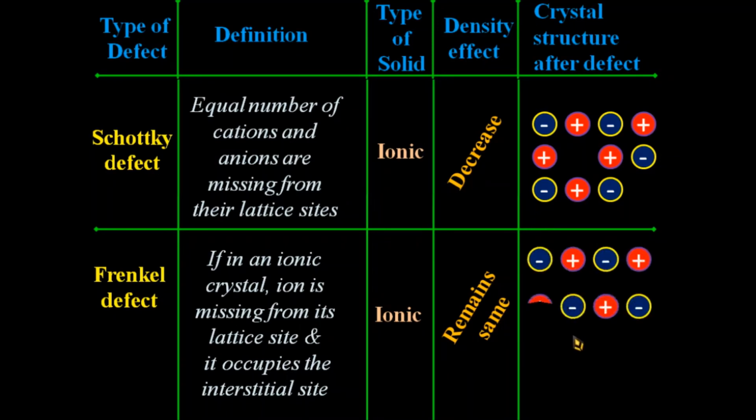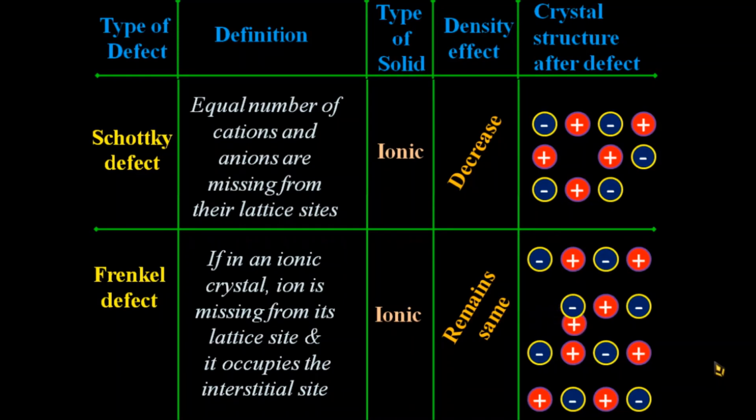This is our ionic crystal, and here the particle moves from its lattice site to interstitial space. So the mass remains the same as well as the volume, so density remains the same in case of a Frenkel defect.